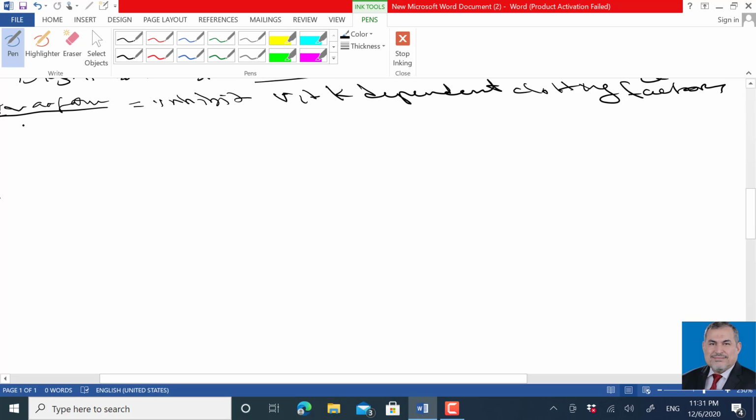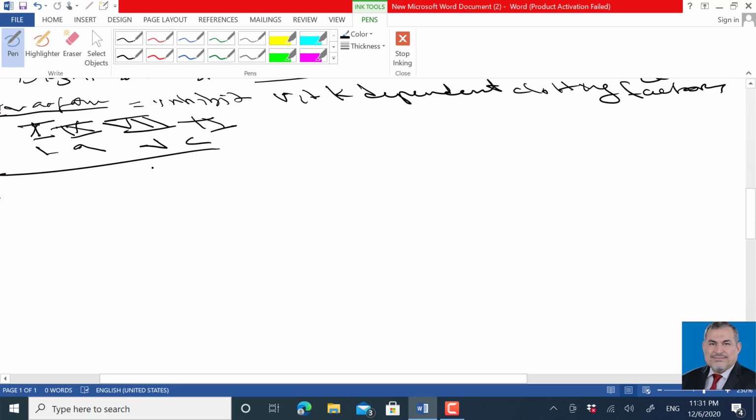Those are factors 1972, meaning 10, 9, 7 and 2. Okay, these are the vitamin K dependent factors.